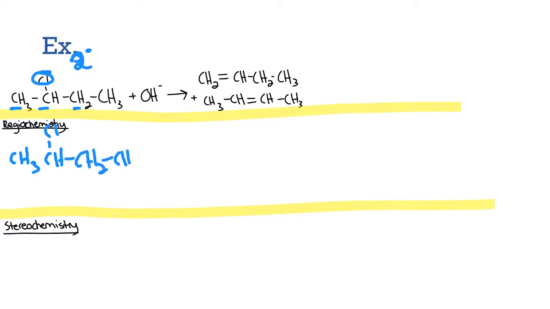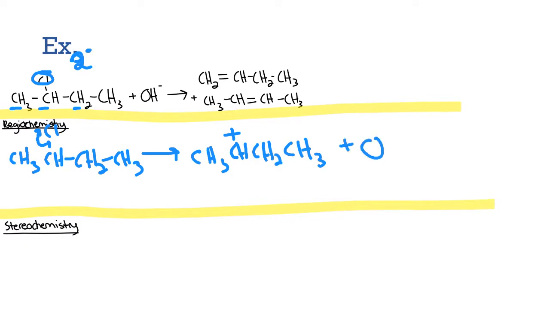First step, again, is this carbon-chlorine bond will break and form a carbocation. And then we have our hydroxide. This hydroxide can take one of these hydrogens or one of these, next to the secondary carbocation.